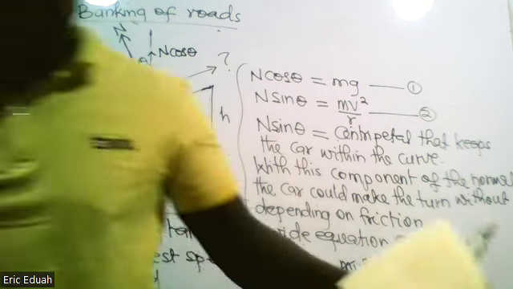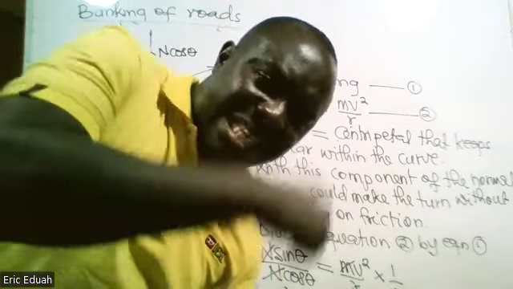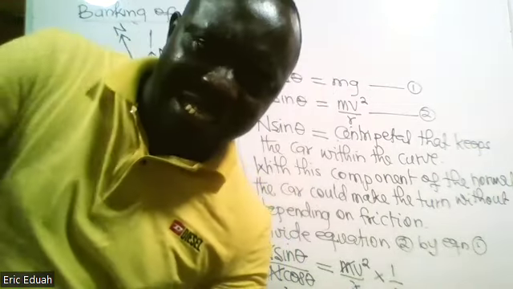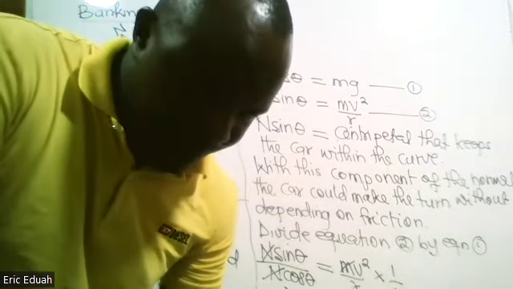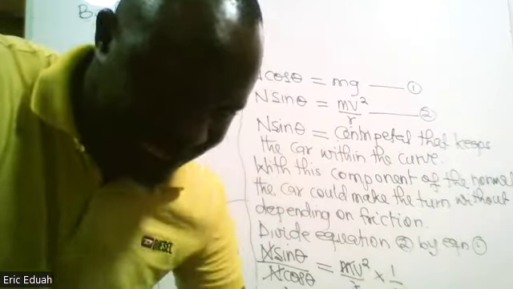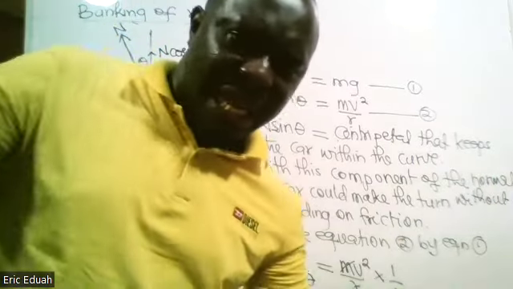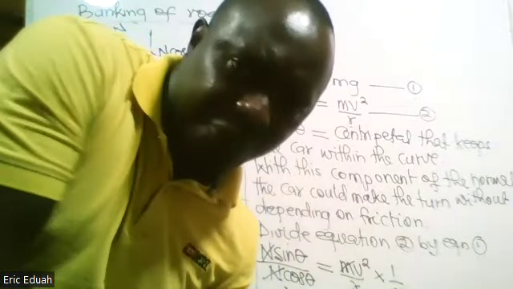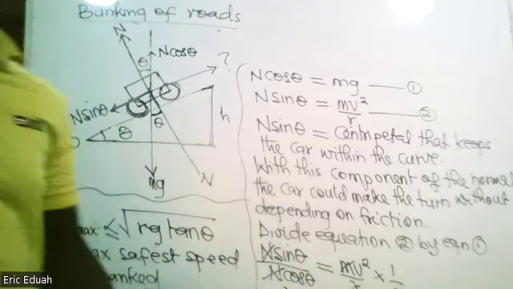So when they bend the motor through the angle, it is the n sin theta which adds, in our case, because we don't have an icy road, to the frictional force to enable the motorist to make the turn.